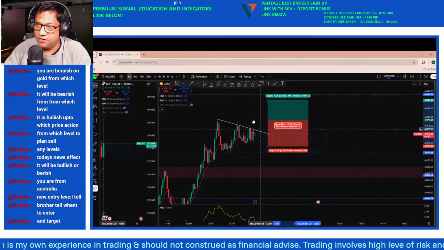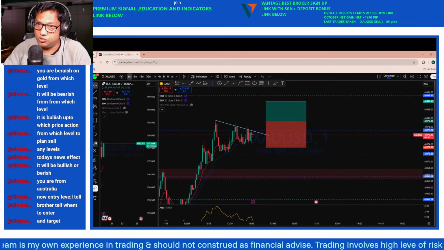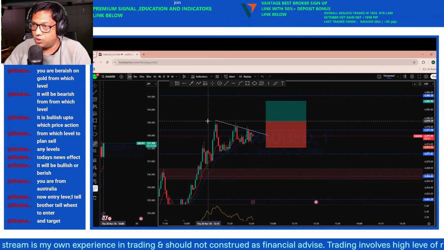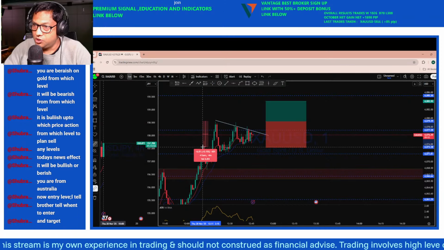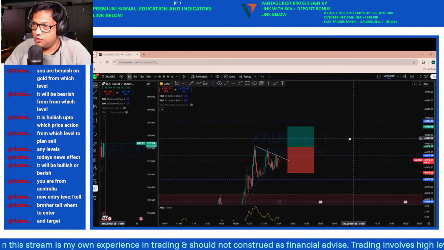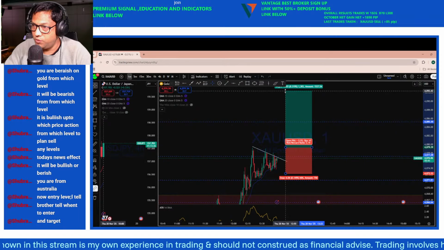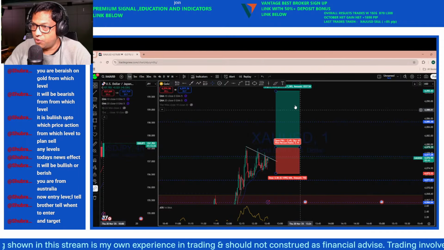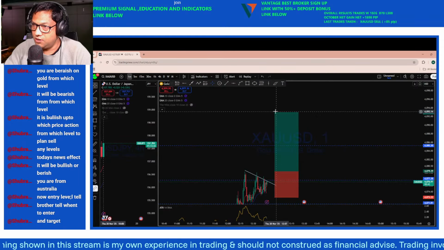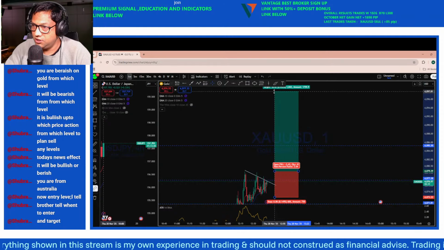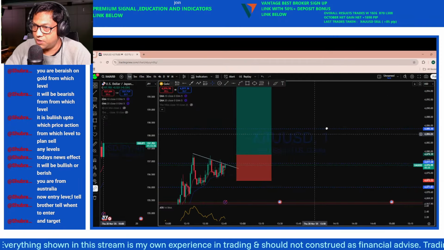We'll be placing it here a little higher because you don't want to get caught up in a false breakout. So it's a 60 pips stop loss, and expecting a spike above. We'll be taking a bigger profit target, but we can readjust the entry at any point based on the price action.